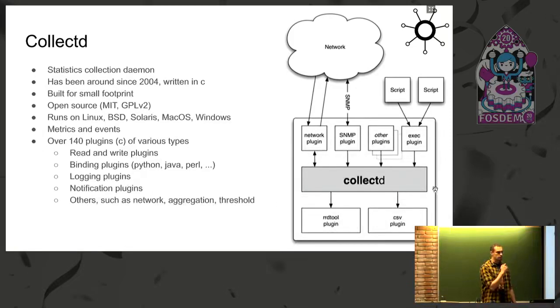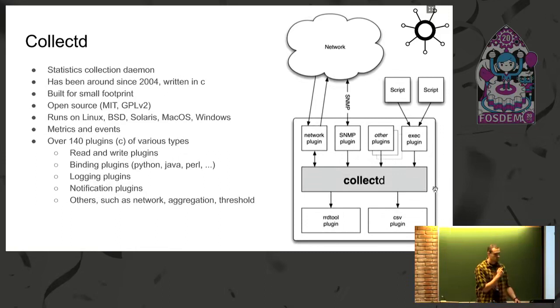An interesting plugin is the network plugin, because it is able to read and write data over the network with the CollectD specific protocol. So CollectD can be treated as a client that is producing the data, but also as a server that is receiving it, doing something with it, for example aggregating and forwarding it somewhere further.